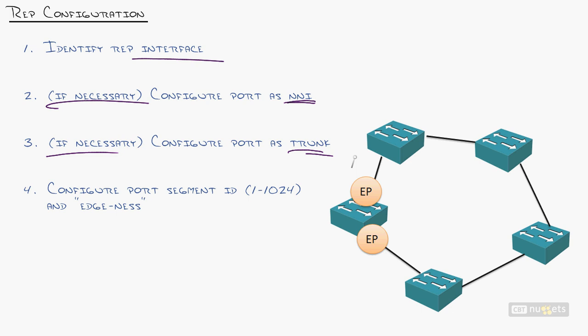You'll see here that if you try to configure a REP port on a non-trunk port, it'll actually give you an error message. And then you configure essentially one command to turn REP on to say you are a part of this segment, and that segment number has to match on all the ports that are going to join that same segment, as well as, I was trying to think, edge status would probably be better. I was just thinking edgeness, right? It's got to know whether it's the edge port or not.